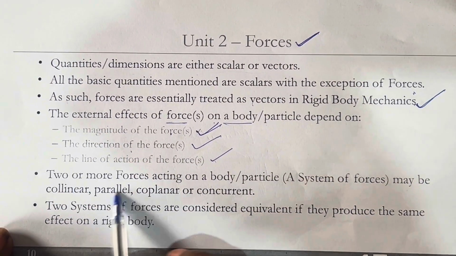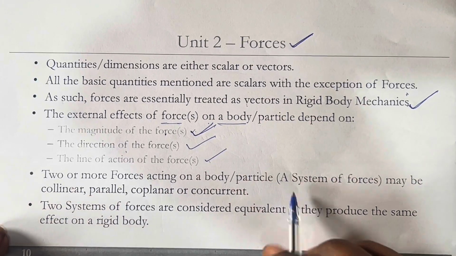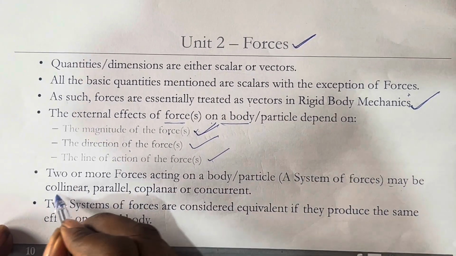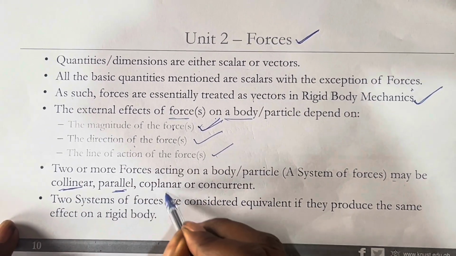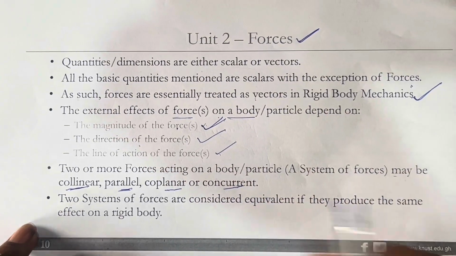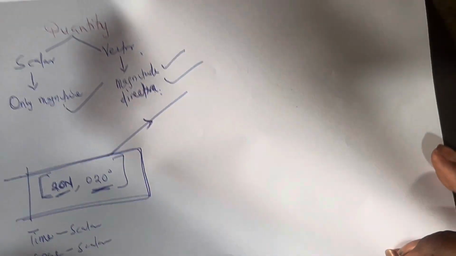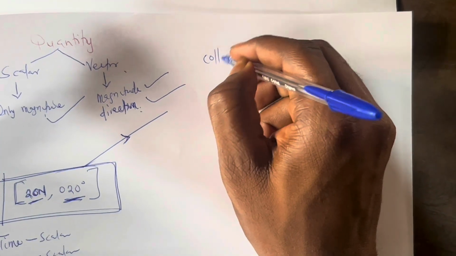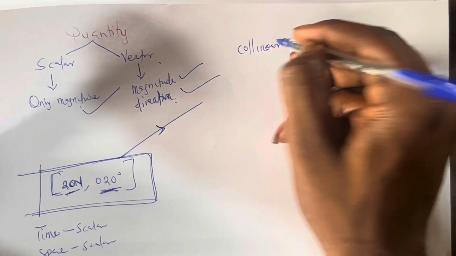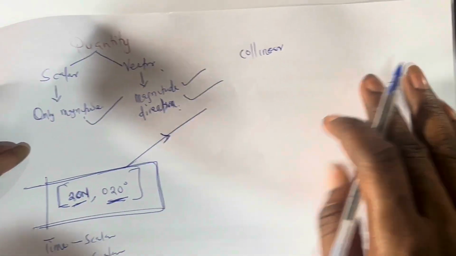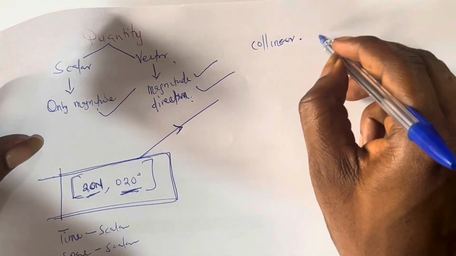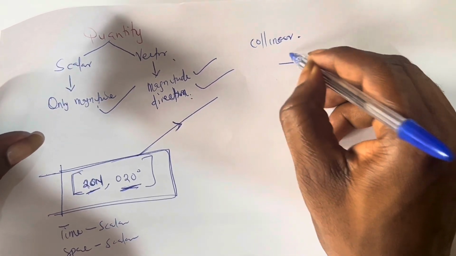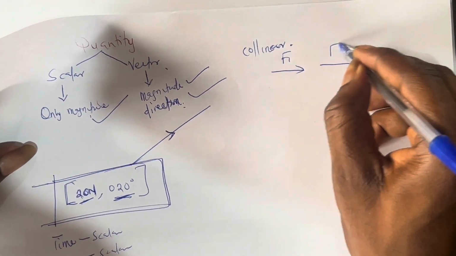Now we say two or more forces acting on a body, or a system of forces, may be 1, collinear, parallel, coplanar, or what? Concurrent. So we can have collinear forces acting on a body. Forces are collinear when they act along the same line. I can have this as force 1 and this as force 2.